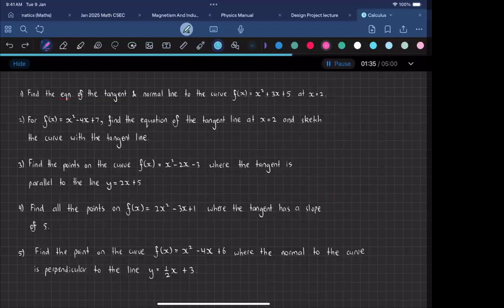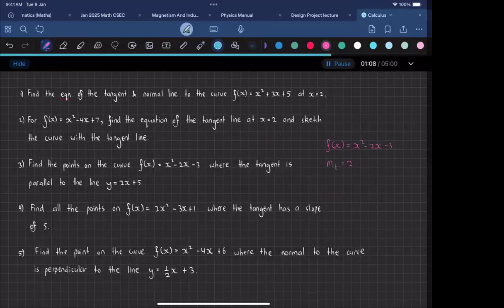So we know that, right? And we also have f of x. So we know that the gradient of the tangent is 2.